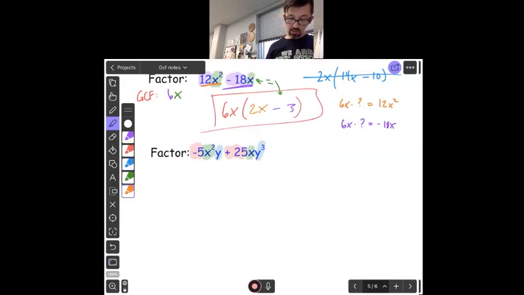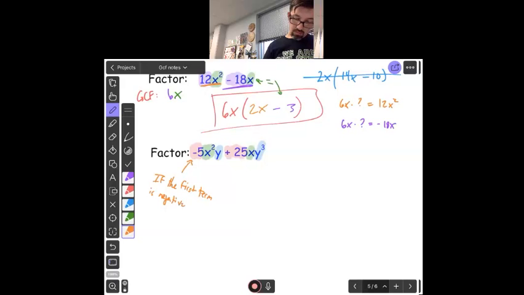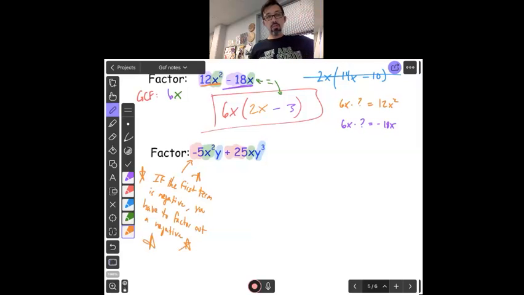This one has a little bit of a trick though. So if the first term is negative, you have to factor out a negative.